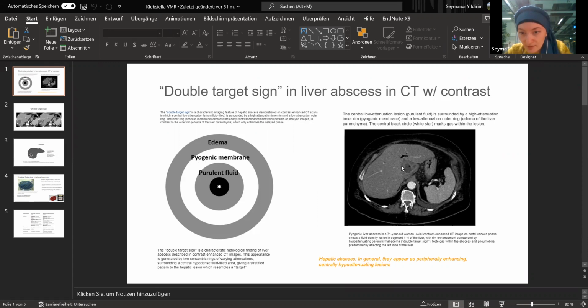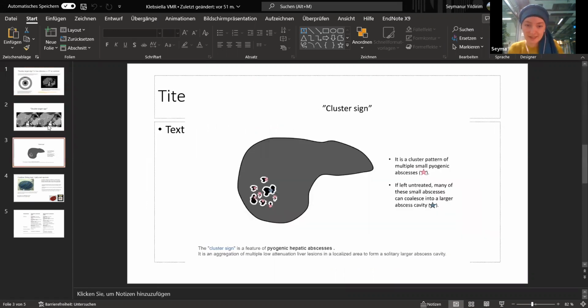And then again, we see this hypodense area, which is the edema. So this is one sign of how hepatic abscesses can look. Another sign is the cluster sign, where you have multiple small liver abscesses, which is indicative of pyogenic hepatic abscesses.